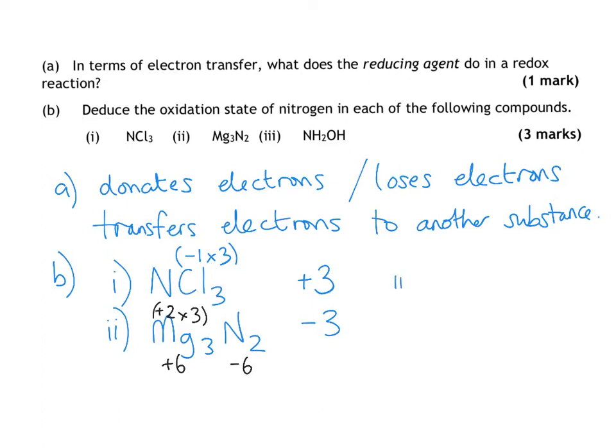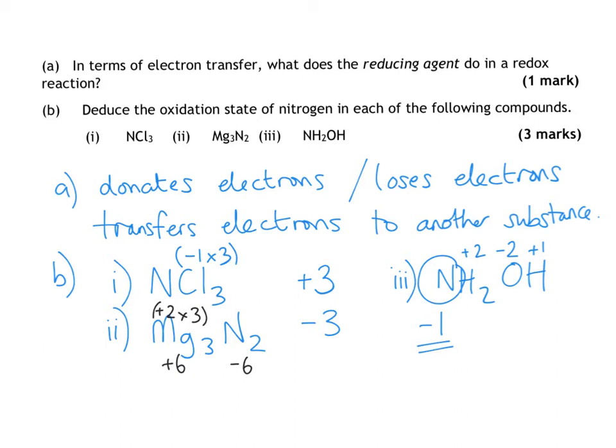And then number 3, I've got NH2OH. So looking at my hydrogens, they're going to be +1. I've got +2 there, +1 there. Oxygen will be -2. So altogether I've got +3 from my hydrogens, -2 from oxygen is +1, so my nitrogen becomes -1 overall.